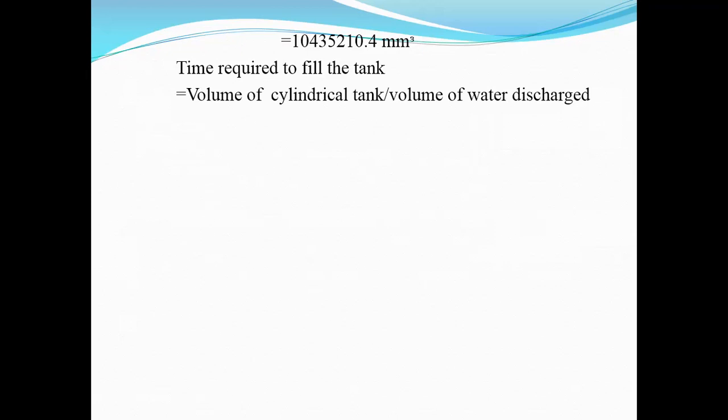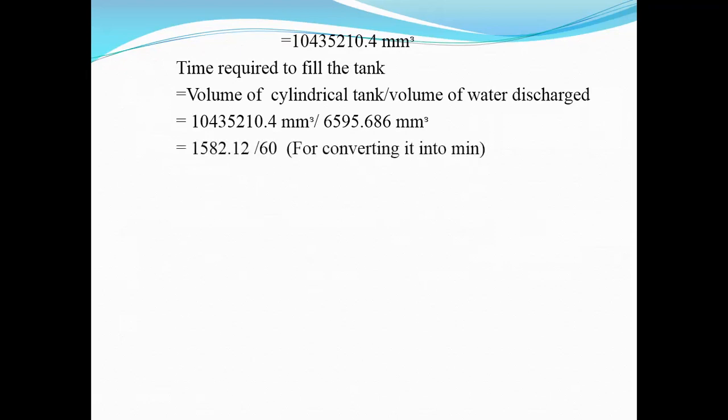So we put the values: 10,435,210.4 cubic millimeter divided by 6595.686 cubic millimeter. And the answer will be 1582.12, as the rate is given in millimeter per second.